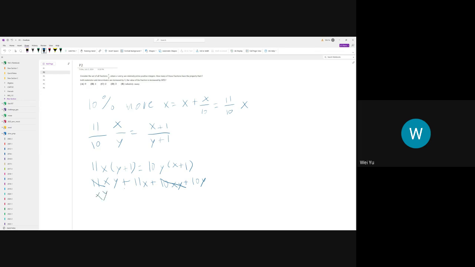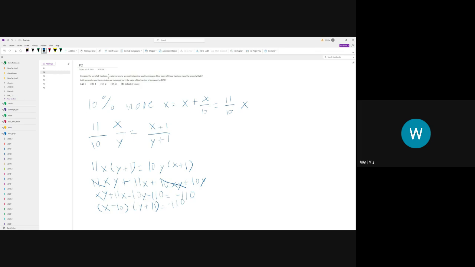So xy plus 11x minus 10y minus 110 is equal to negative 110. Then we can just factor this as (x minus 10) times (y plus 11).